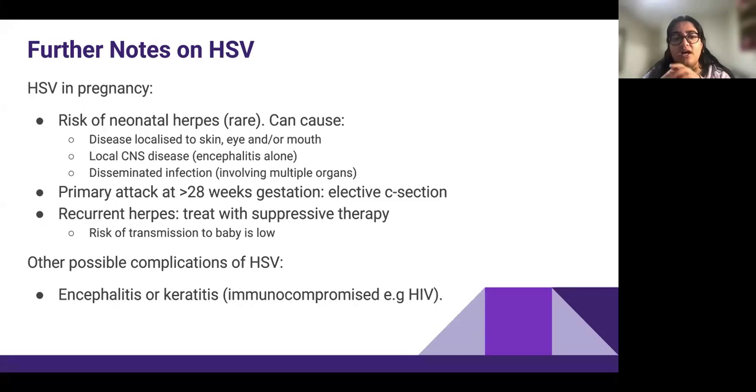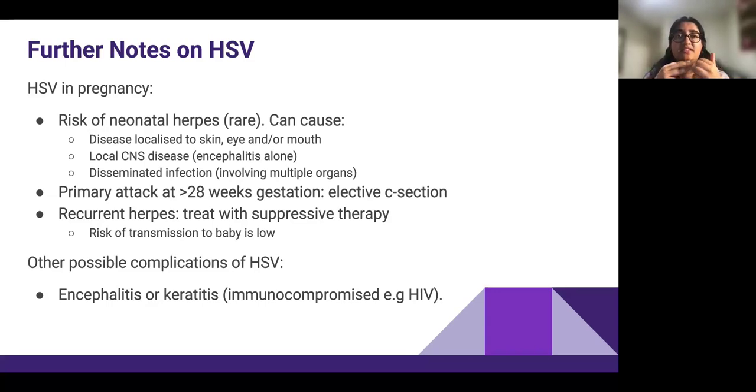Because HSV, like I said earlier, is contracted by contact with lesions. If a mother has active HSV genital lesions and she does a normal labor, then when the baby comes out of the vagina, it can obviously make contact with the genital lesions, contract HSV and then develop neonatal herpes.